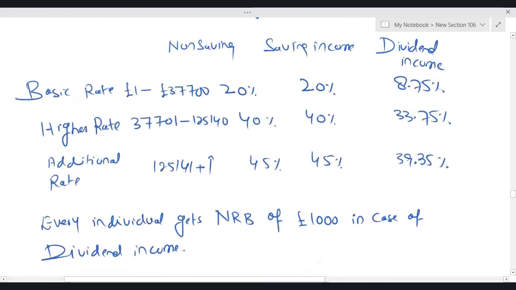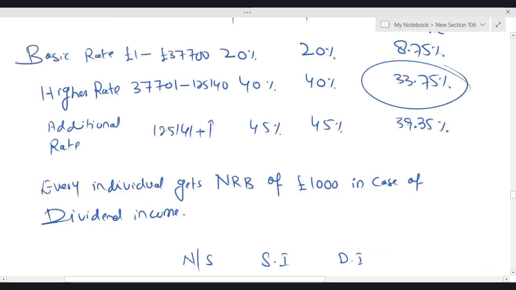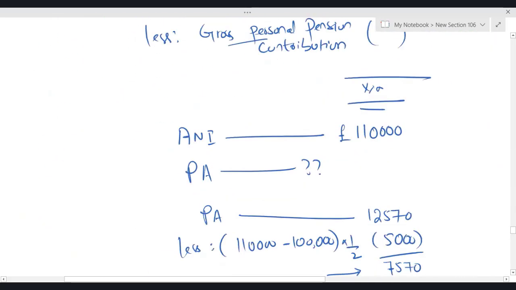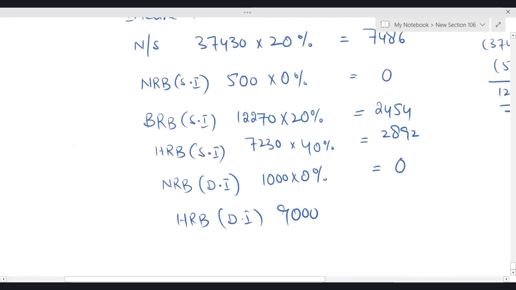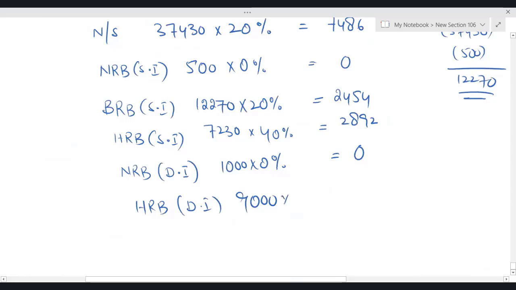And these tax rates will be given to you in the exam as well, in the tax rates and bands. Applicable rate is 33.75%. So 9,000 into 33.75%, with a little bit of rounding off, I'll get 3,038.